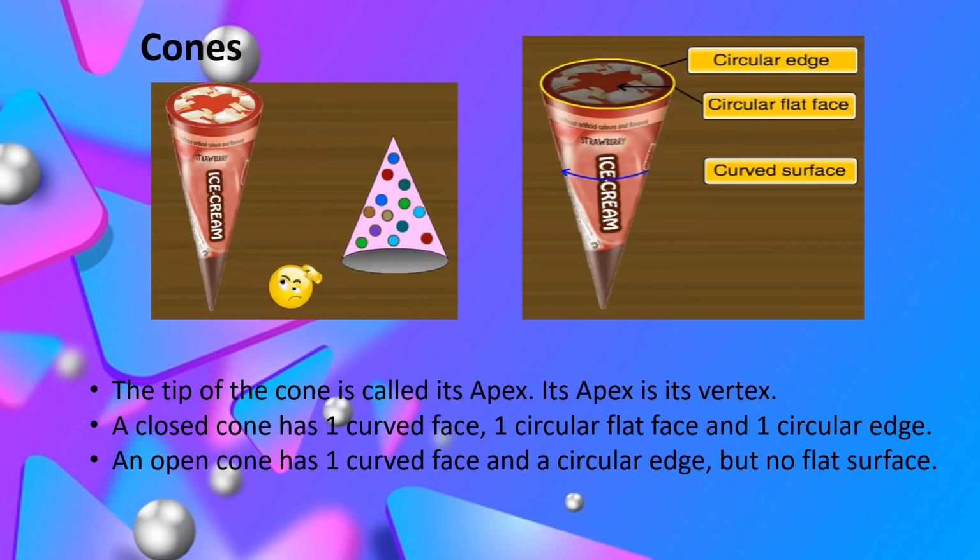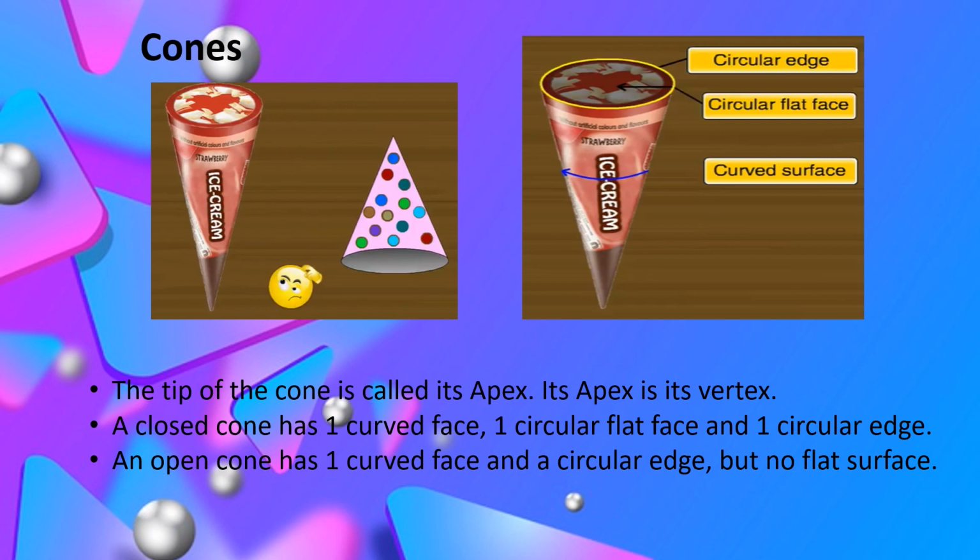Right? It's cones. But again, like cylinders, here there is a difference. What is the difference, children? Right. The one in the ice cream cone is closed with a lid after filling the ice cream in it, and its circular top is closed. The second one is a clown's cap, the one which you use in your birthdays.